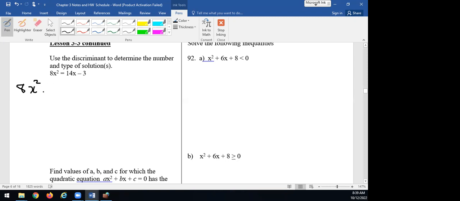If you bring over the 14x, it becomes a minus 14x. Bring over the minus 3, it becomes a positive 3. And then you set that equal to 0. So always write in standard form first. Right? So you always put it in standard form first. Always.